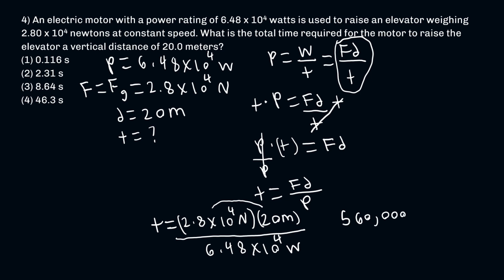And that is going to be just newtons times meters, all over my power rating, which is 6.48 times 10 raised to the 4th watts. That equals my time. Then when I just divide those two, 560,000 divided by 6.48 times 10 to the 4th, when I plug this in to the calculator, I'm going to end up with an answer of 8.64.